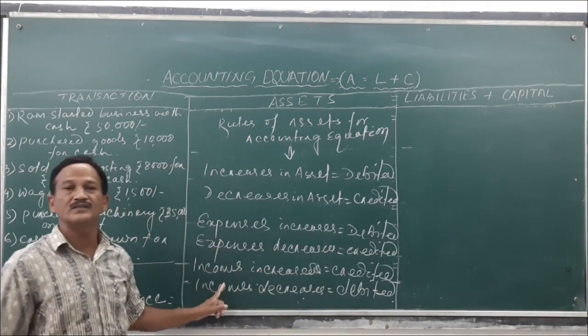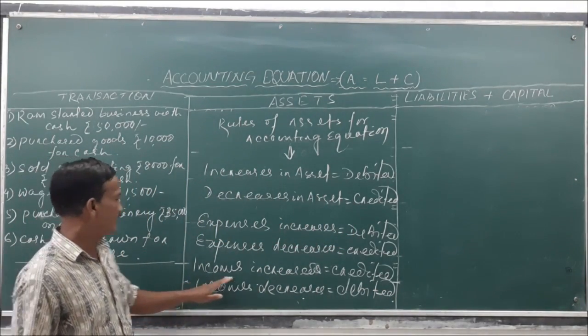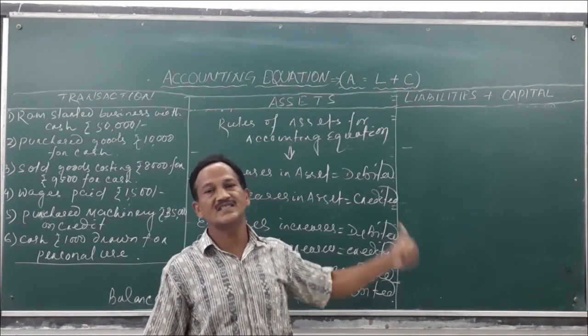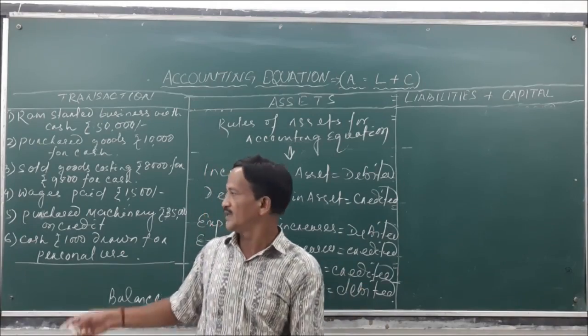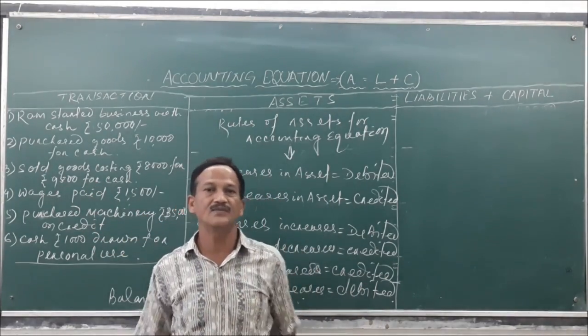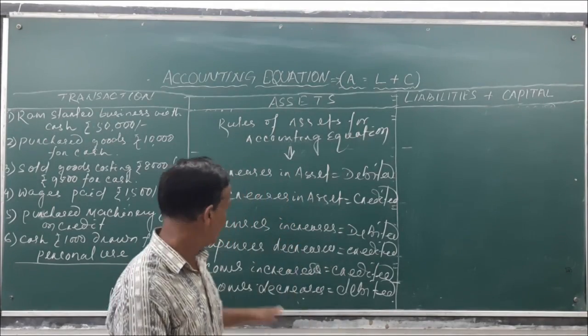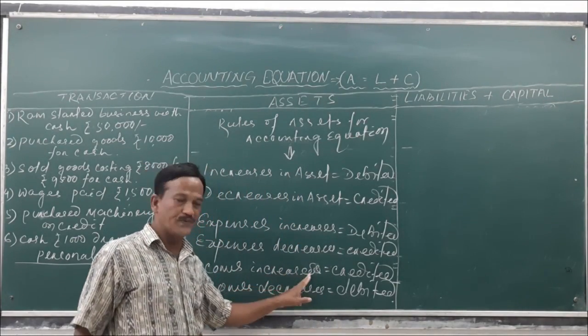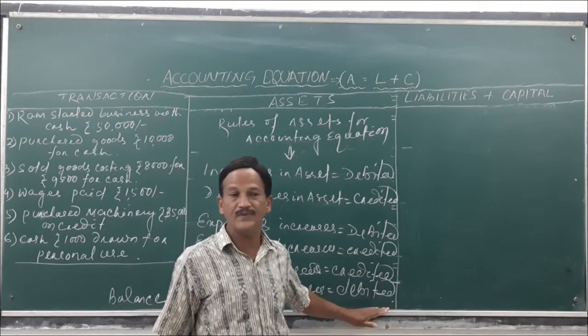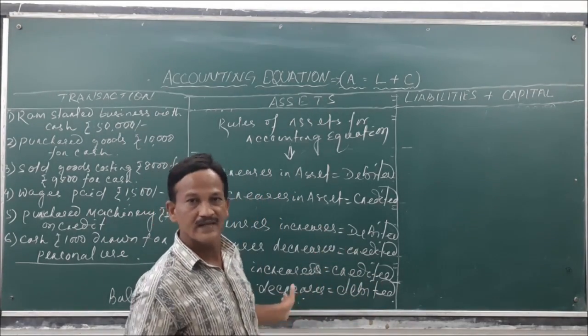So this is for the incomes. We have seen that incomes means there are goods sold; the first thing, goods of 8,000 sold for cash 9,500. There we earned a profit of 1,500. Increases in the profit is credited. Decreases in the profit will be debited. If there is a loss, it will be debited.